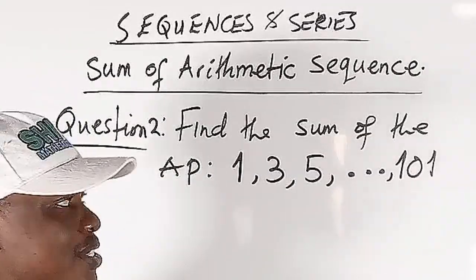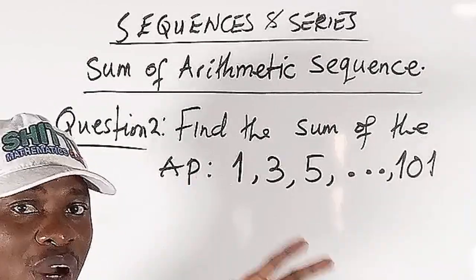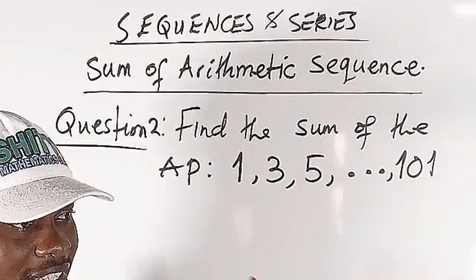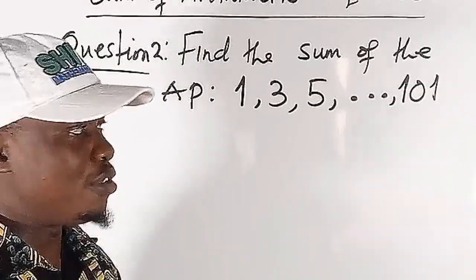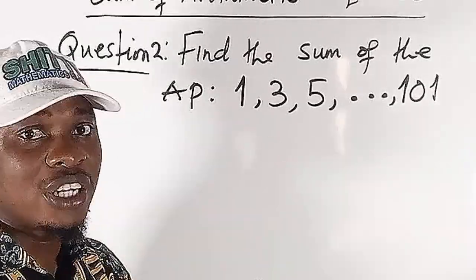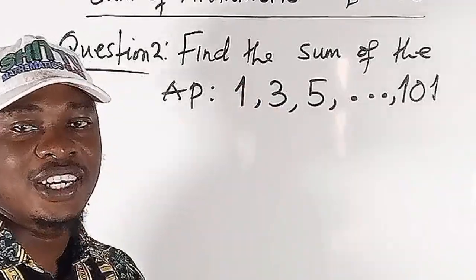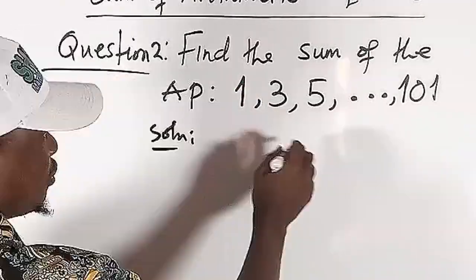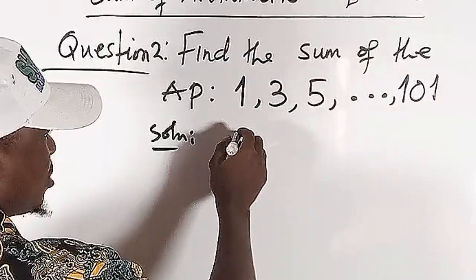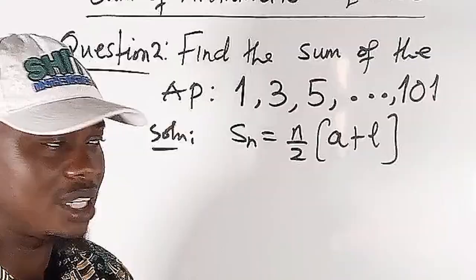And don't forget that I said from the beginning that we have two formulas. One is when the sequence is infinite, and the second one is when the sequence is bounded, that is, we have the first and the last term. From the formula, this N, A, and L are very, very important.